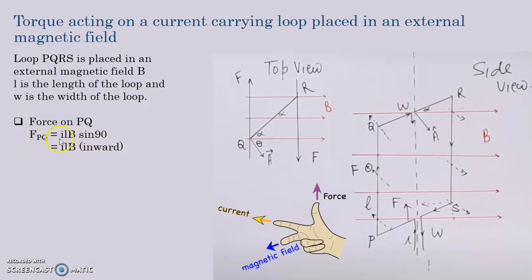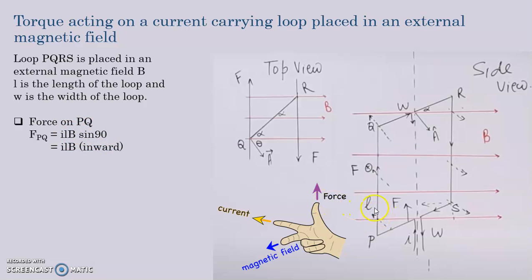The same formula we will be using to find force on PQ part of the coil. So FPQ is equal to ILB sin theta, where I is the current flowing through PQ, L is the length PQ, and B is the external magnetic field in which the conductor PQ is placed, and theta is angle between length PQ and the external magnetic field.